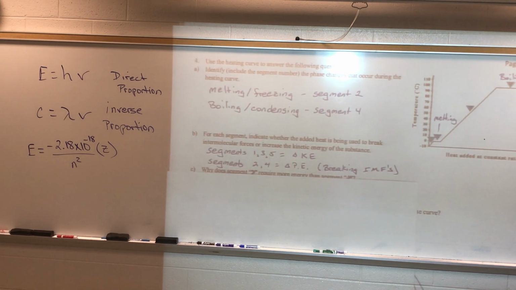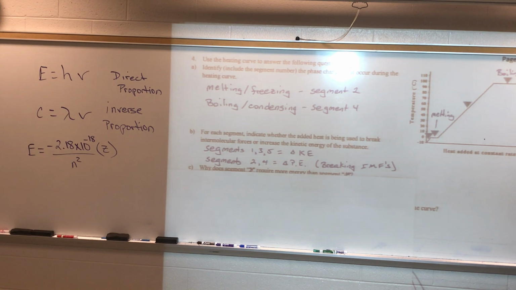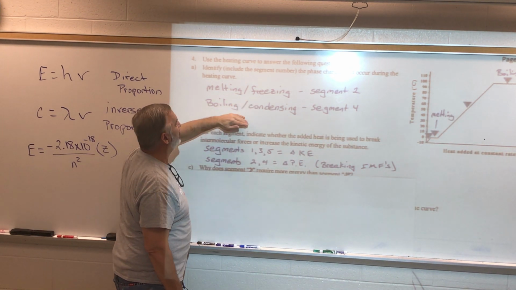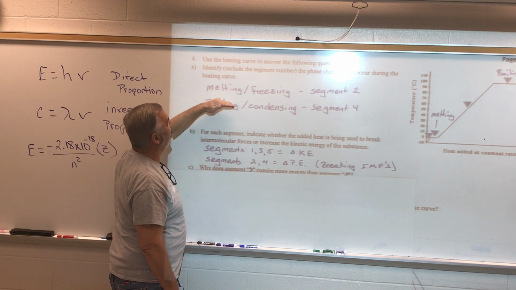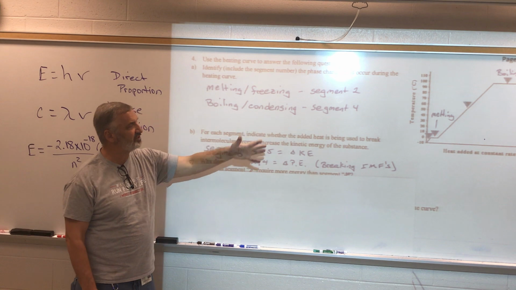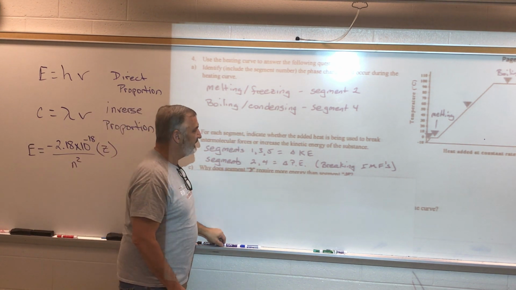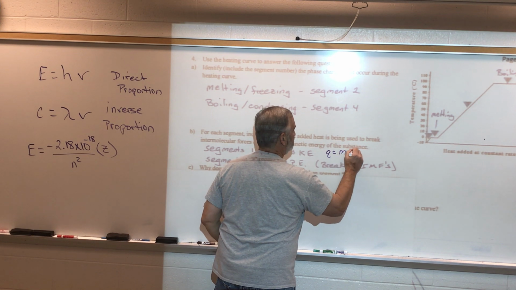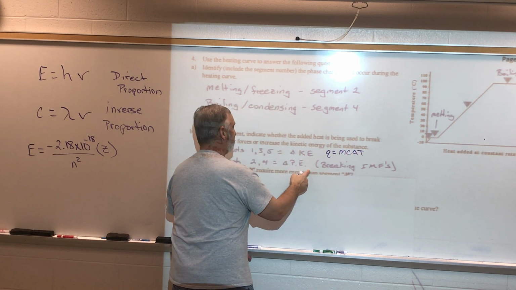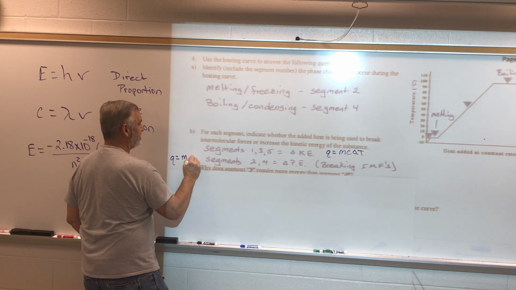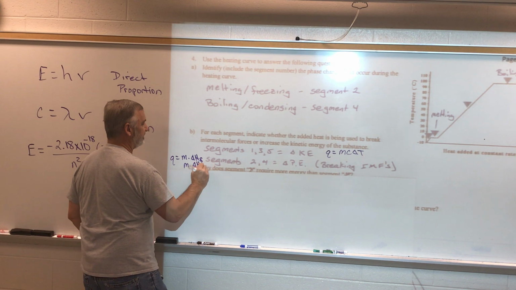And so when we look at this, okay, melting and freezing are segments 2 and 4. Boiling is 2, boiling and condensing is 4. 1, 3, and 5 is where we're having changes in kinetic energy. Here, this is where we would use Q equals MC delta T, and here we're going to use Q equal to mass times your heat of fusion, or mass times heat of vaporization.